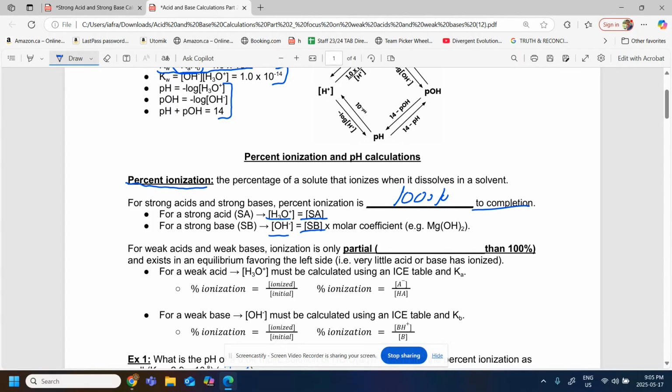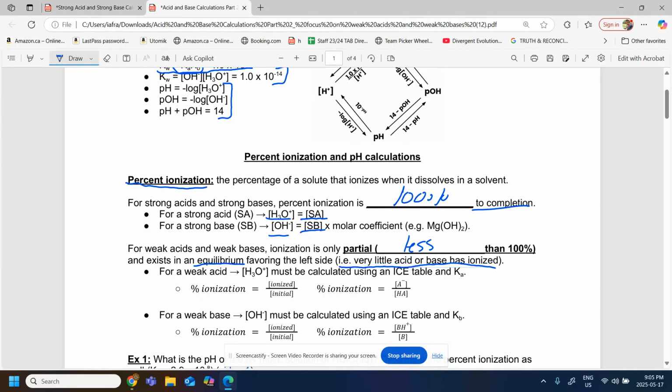But for weak acids and weak bases, the ionization is only partial. It's less than 100%, and so that's why there's actually a reversible reaction that happens and it could reach equilibrium eventually. And the equilibrium favors the left side. So in other words, very little of the acid and base gets ionized when you have a weak acid or weak base. So you can actually figure out the percent ionization, what percentage of the acid will convert into the conjugate base.